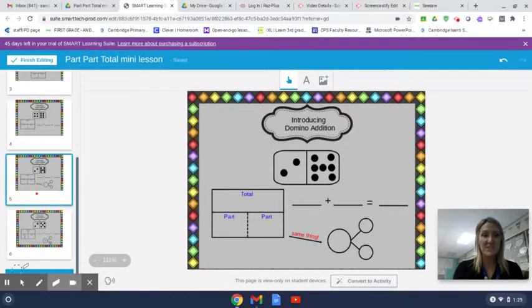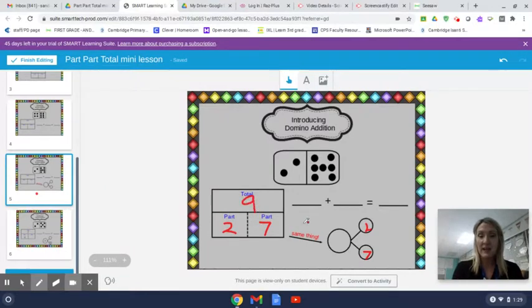All right, so what did you get for your answers? 2, 1, 2, 3, 4, 5, 6, 7. Or if you used a number bond, you put a 2 in one part, a 7 in the other part. And now we need to put those two numbers together. 7, 8, 9. 9 is our total.